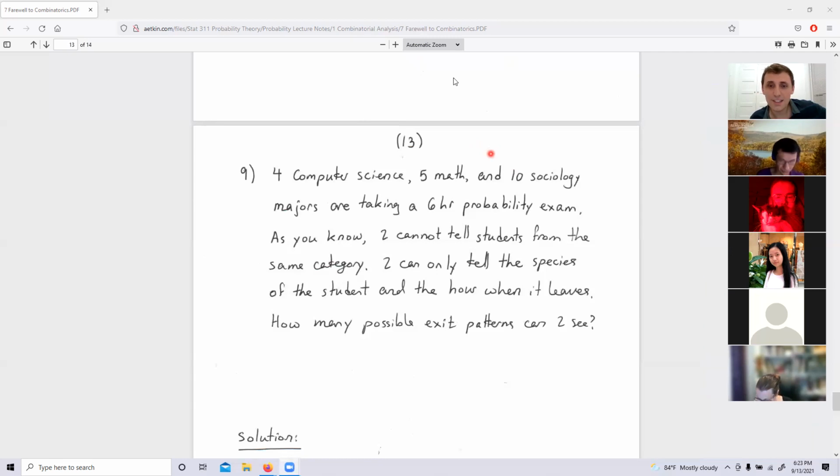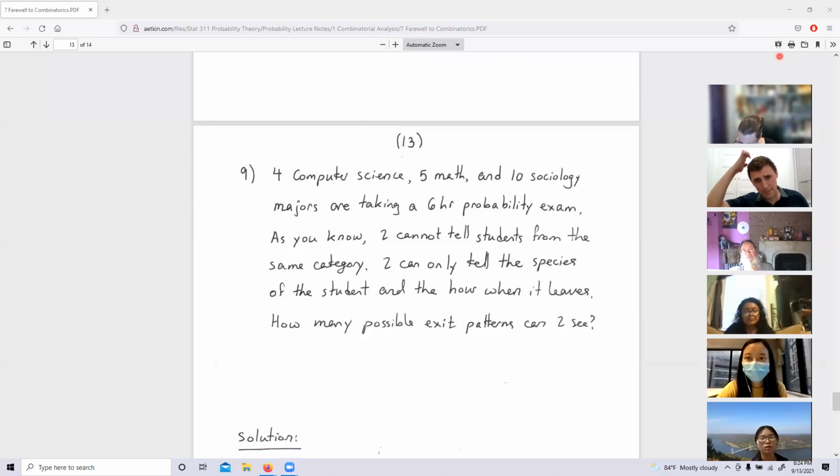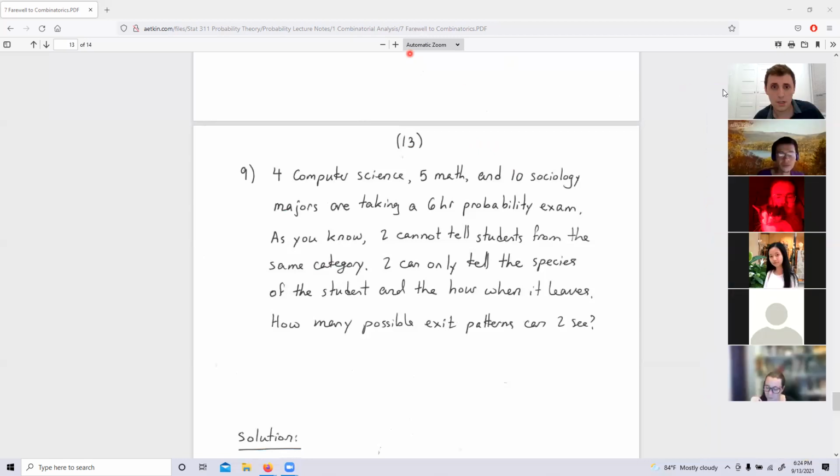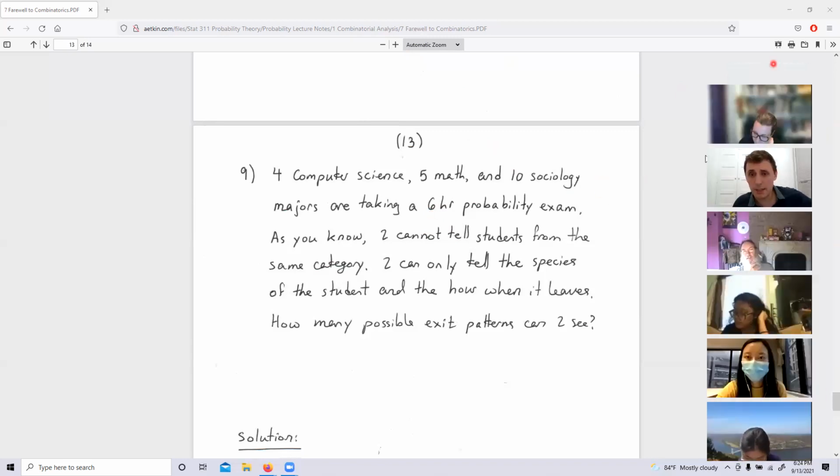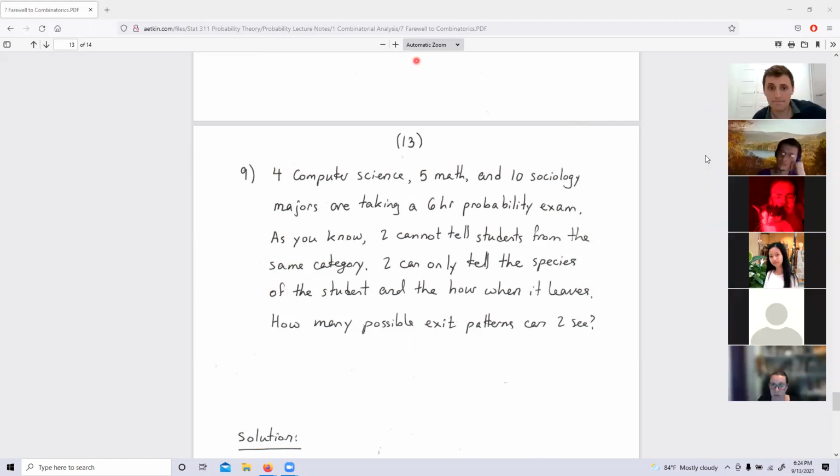Now back to this problem. 4 computer science majors, 5 math, and 10 sociology are taking a 6-hour probability exam. I cannot tell apart students that belong to the same category. Students look the same to me, so I can only tell them based on the major that they are studying.